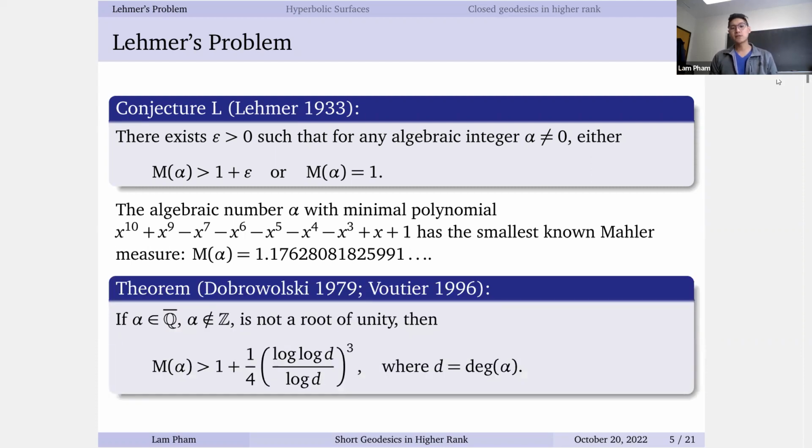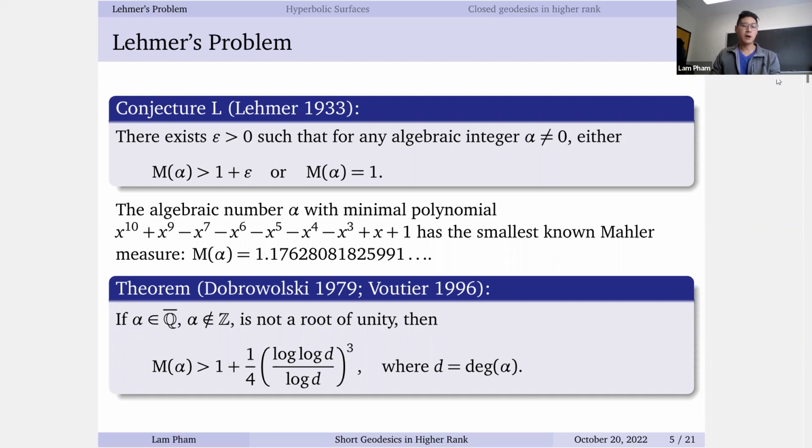Generally speaking, we have some bounds. Depending on the conditions, you may get better bounds. In terms of general bounds, the best known to date is the following, due to Dobrowolski from 1979, with a slight adjustment on the constants due to Voutier from 1996. If you have an algebraic integer which is not an integer and not a root of unity, then you have this Mahler measure lower bound.